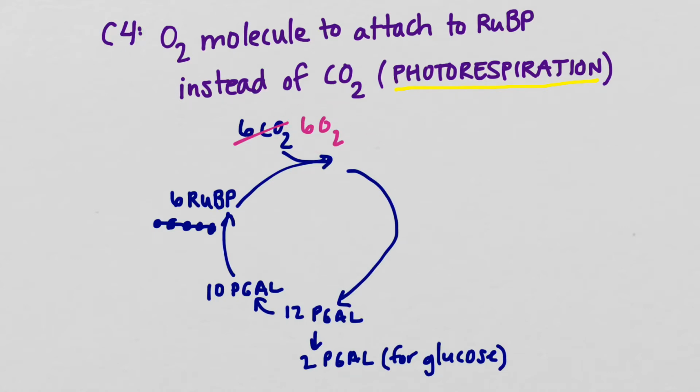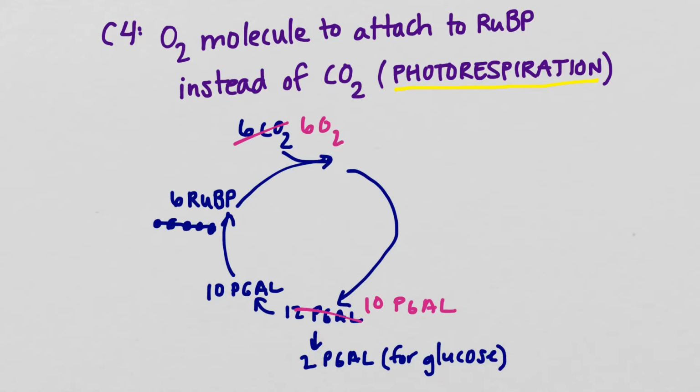And when that happens, don't worry about specifics here, but we're not able to make all 12 of these PGALs. Instead, we're only able to make 10 when we have oxygen available. But the issue with this is if there are only 10 available, we need 10 to regenerate our RUBP. So we're not able to send any PGAL to turn into glucose.